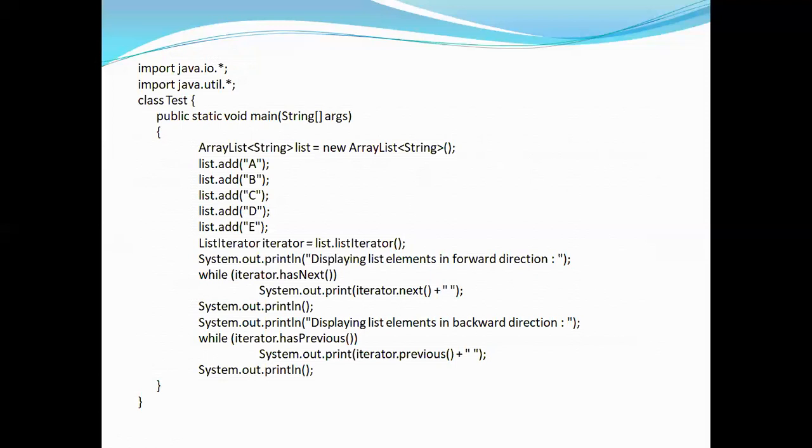Next, it has three types: enumerator, iterator, and list iterator. Enumerator has a drawback, which is overcome to some extent by iterator, whereas iterator also has a drawback of not going in the backward direction. That is overcome by the list iterator.